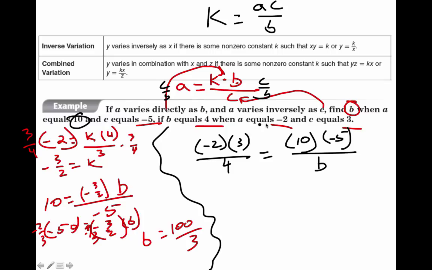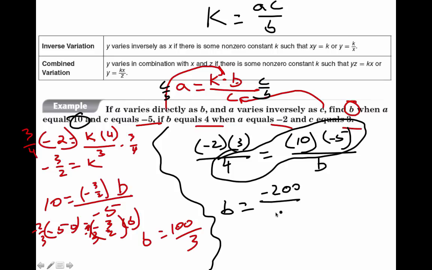So this was the given info for when A is -2, C is 3, B was 4. And then this was when A is 10, C is -5, B is what we're looking for. And now when I cross multiply, I believe that's B equals -200 divided by -6, which is +100/3. And you get the right answer. So that actually goes a little bit quicker, especially with these joint ones.